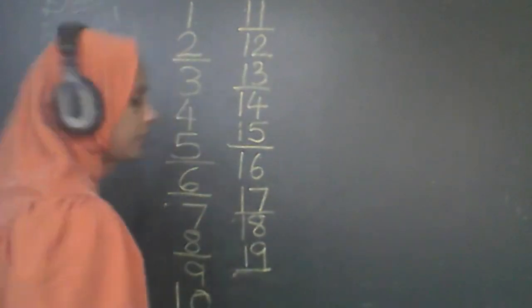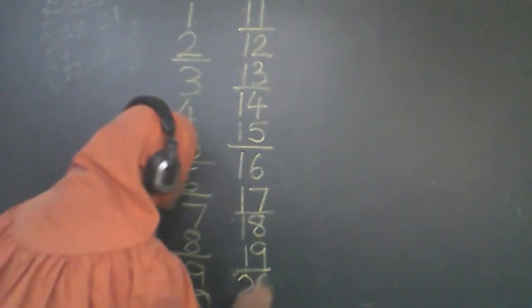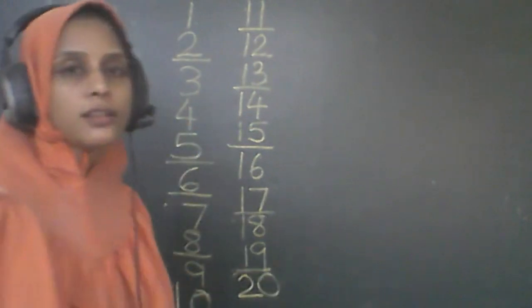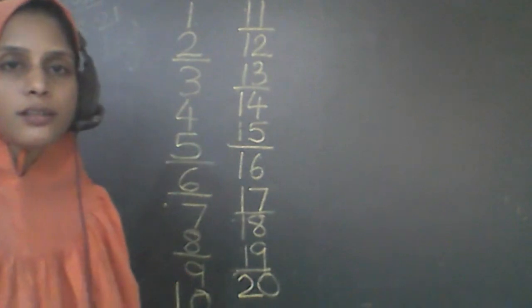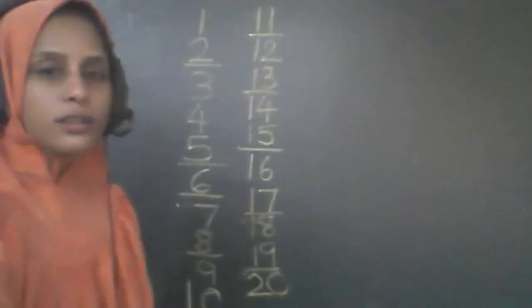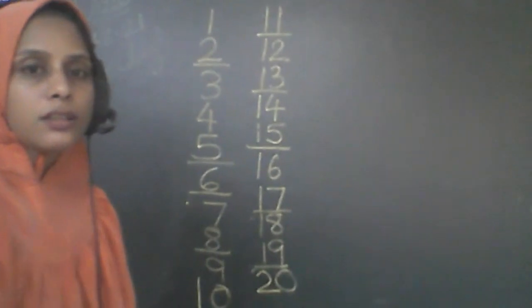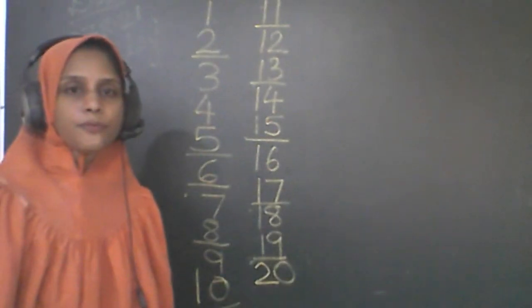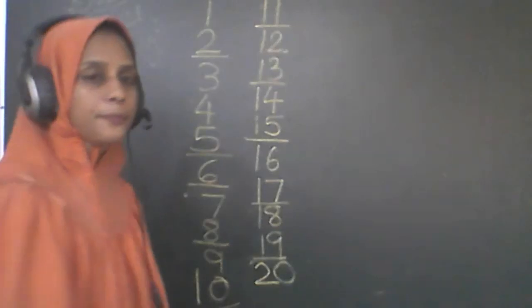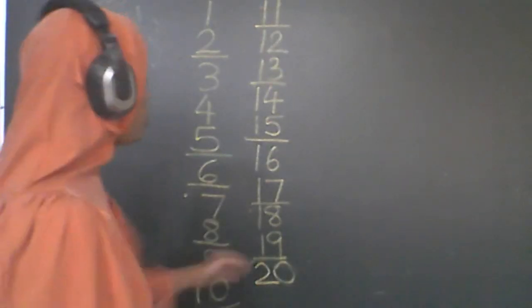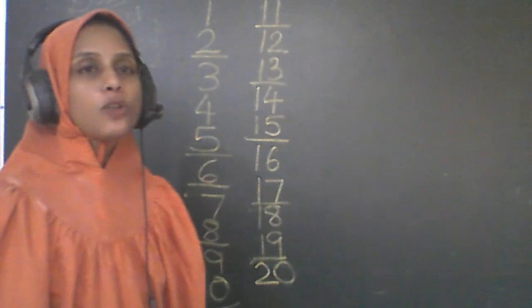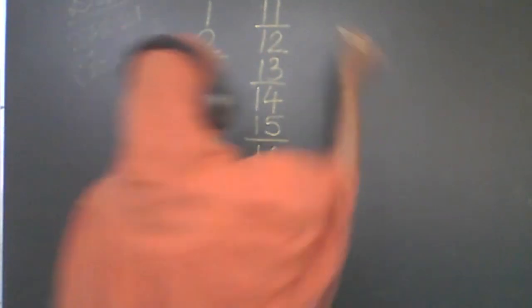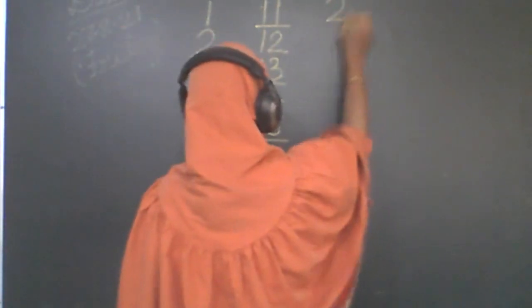And after 19, 20. 20 is already written. Okay. Now after 20, in the next line, look, the first number is missing. So what comes after 20? 21. Write down.